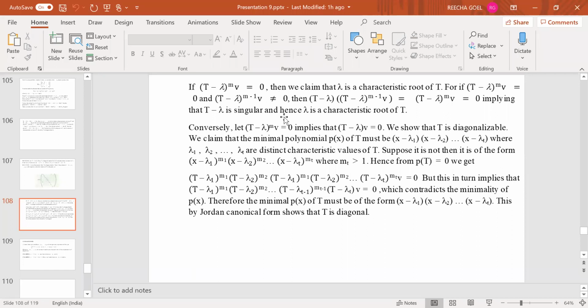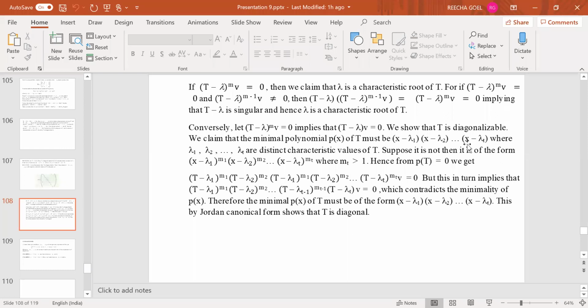Second part is also very obvious in the sense that suppose (T minus lambda) raised to the power m of v equals 0 implies (T minus lambda) of v equals 0 for all v in V. We show that T is diagonalizable. So we are going to claim that the minimal polynomial p(x) of T is of the form (x minus lambda 1)(x minus lambda 2)...(x minus lambda t). Now, what is going to happen?